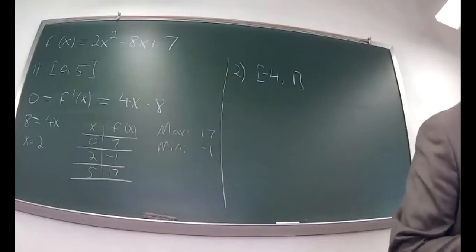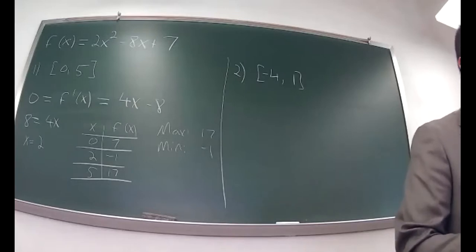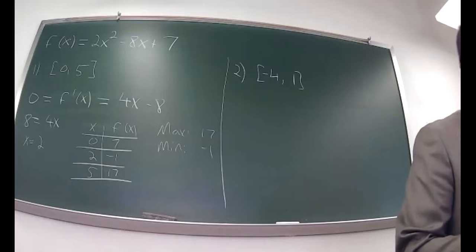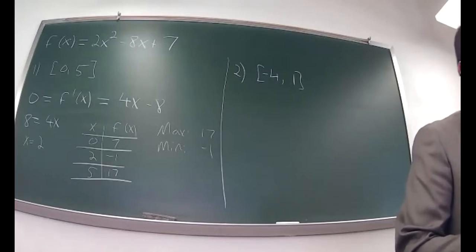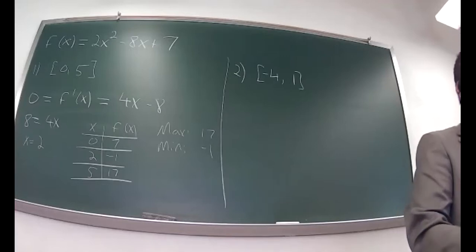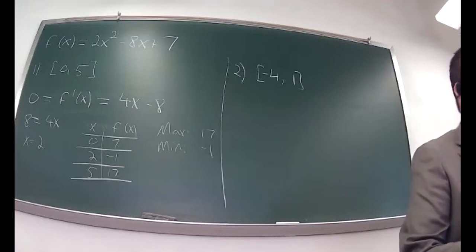Okay, after giving you some time to think, I'll discuss it as well. Once again, the extreme value theorem says that the absolute max and min over the interval from -4 to 1 can only occur at -4, at 1, or at a critical point. But you figured out in part 1 that the only critical point was x equals 2, which is not in this interval.